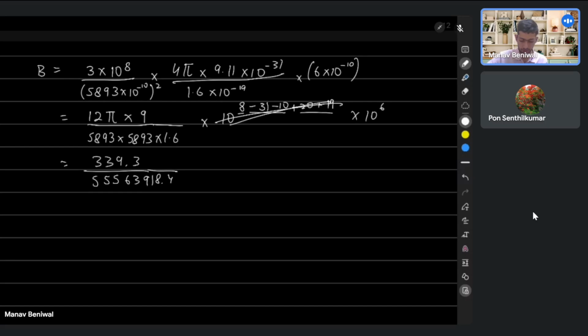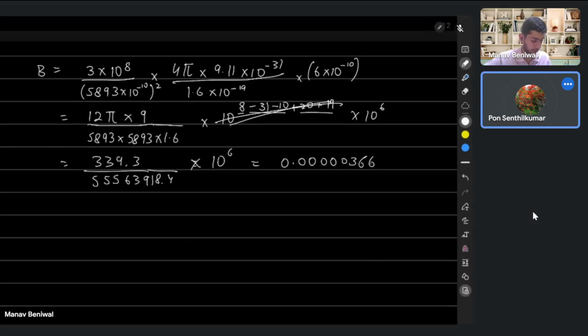Okay, and then if you divide this, so what do we get? We get there is also 10 to the power 6. So we get 0.0000366 into 10 to the power 6.